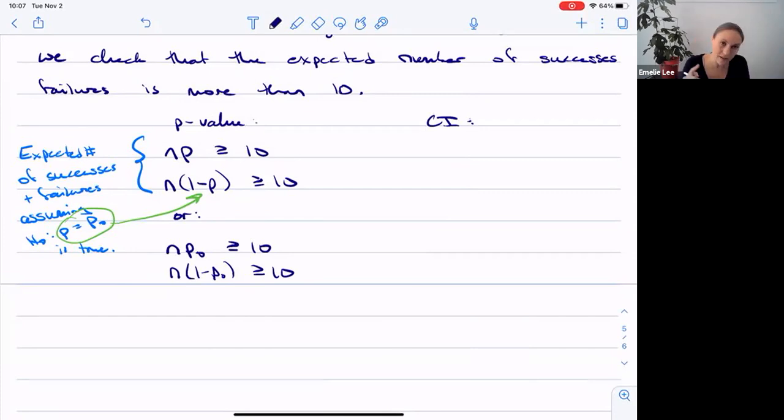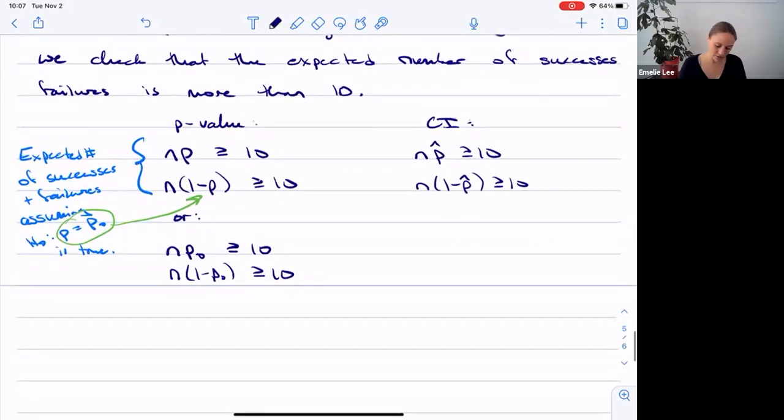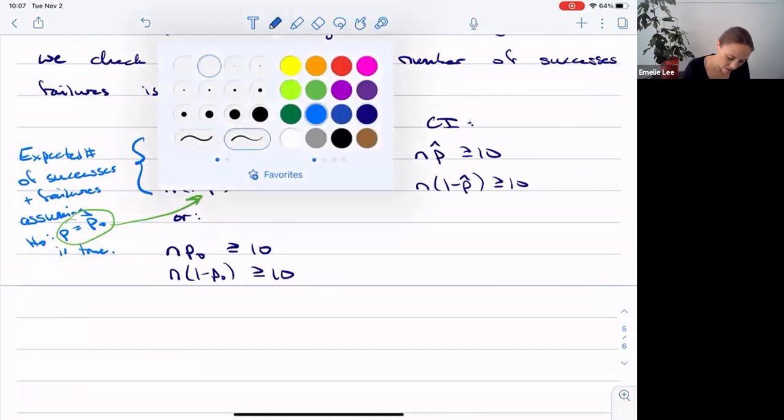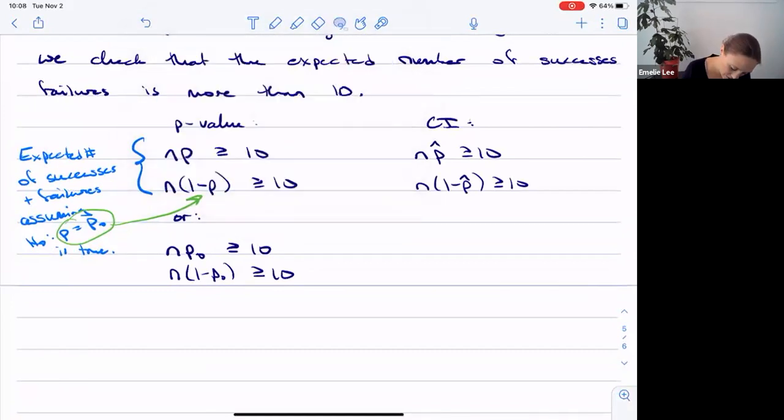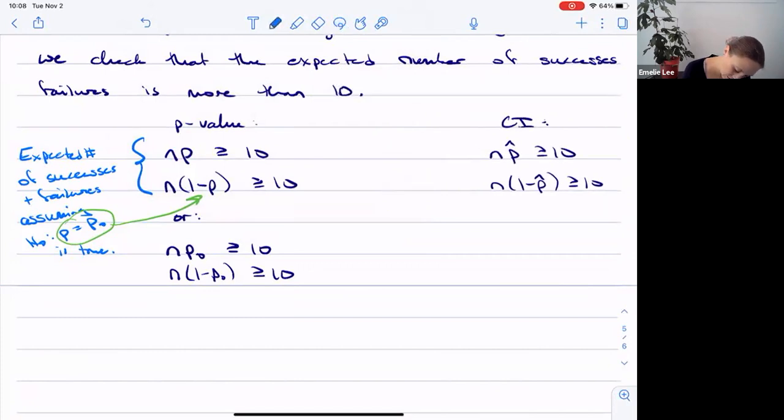But just for symmetry, I'm going to use N times P hat has to be greater than or equal to 10, and N times 1 minus P hat has to be greater than or equal to 10. Right. And so here, these are the observed successes and failures.